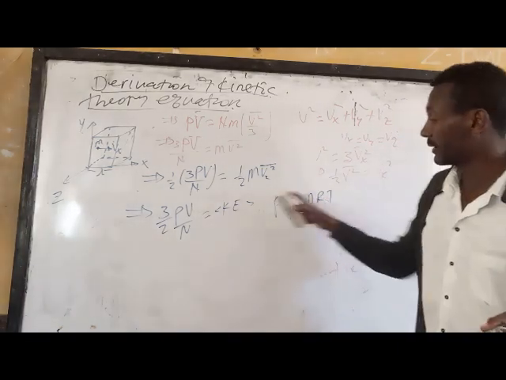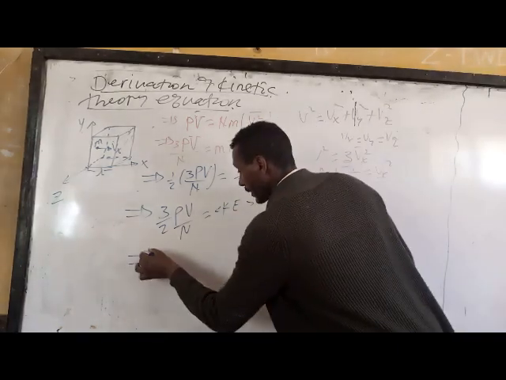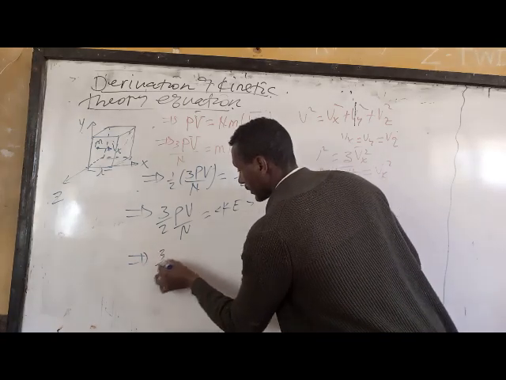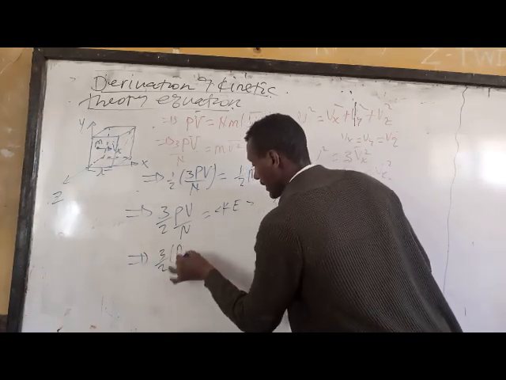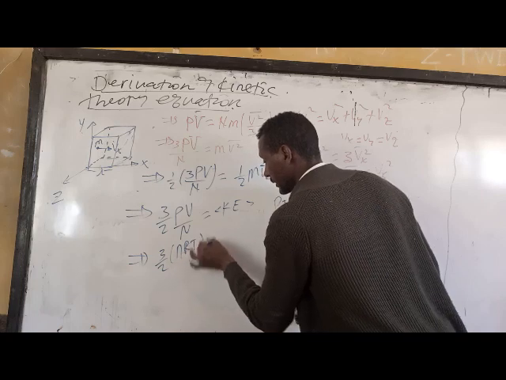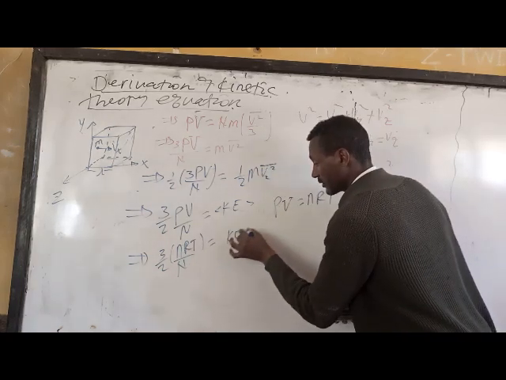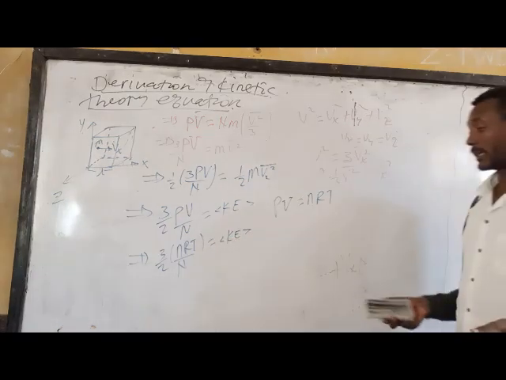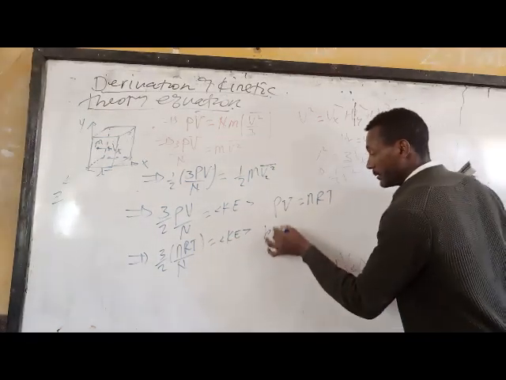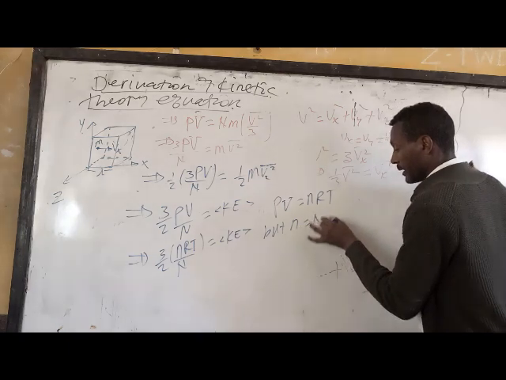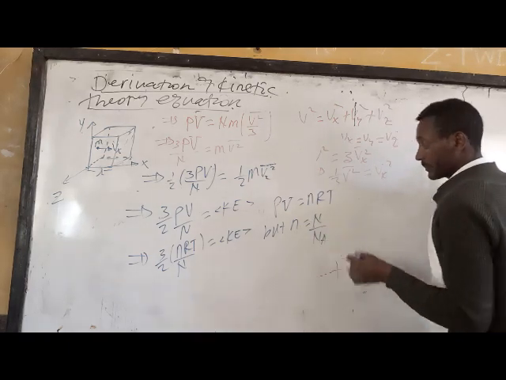Therefore, let me substitute this. 3 over 2 n times RT over N is equal to kinetic energy average. What is n? n is the total number N over Avogadro's number.